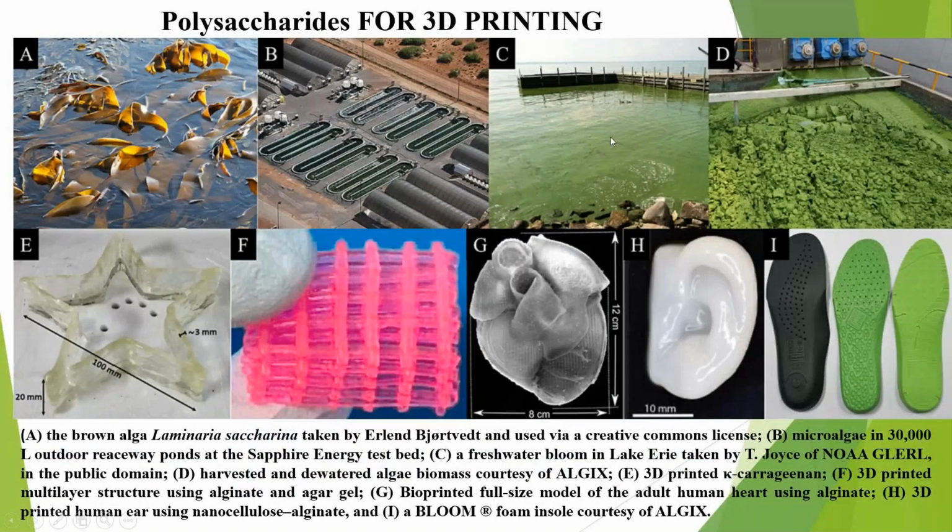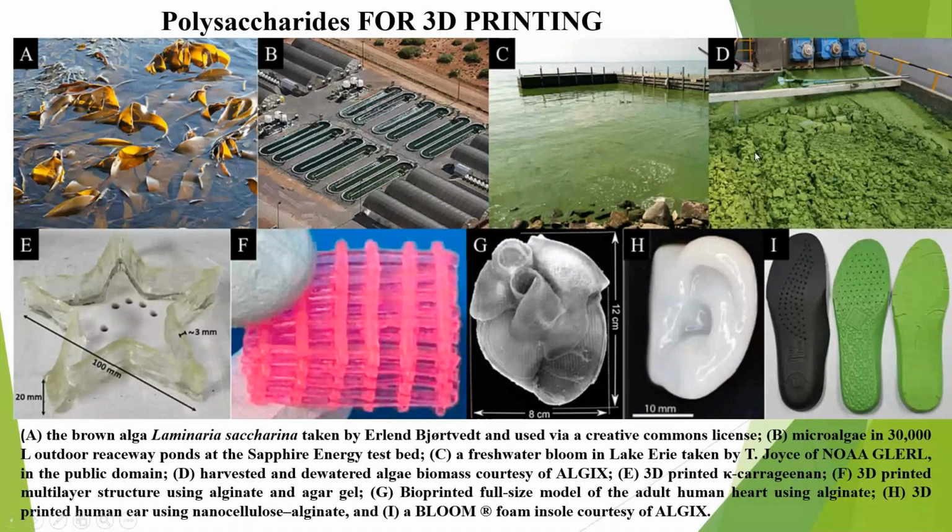So the first picture clearly explains Laminaria saccharina, which is a predominant brown algae. The second one depicts the cultivation of microalgae in outdoor raceway ponds. The third picture explains a freshwater bloom. And the fourth one explains the dewatered algae, which may be used for alginate and agar gel.